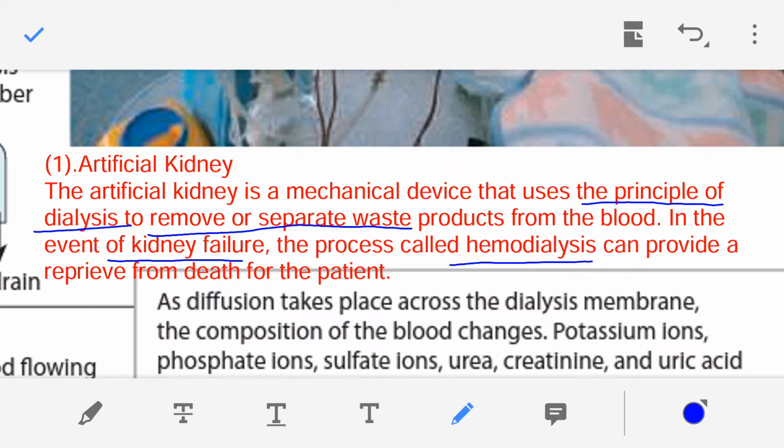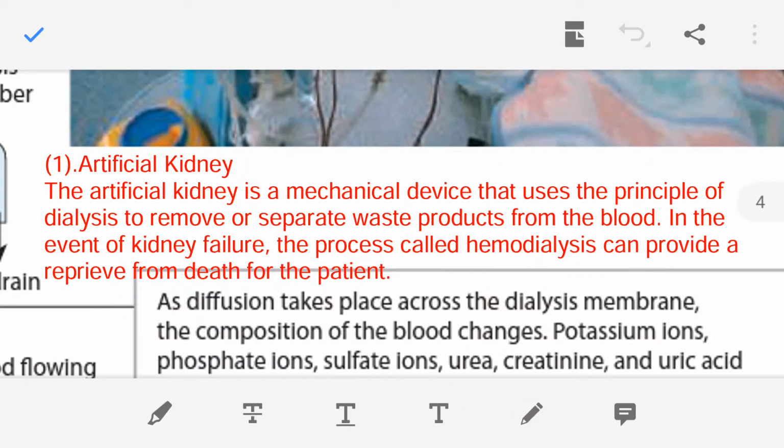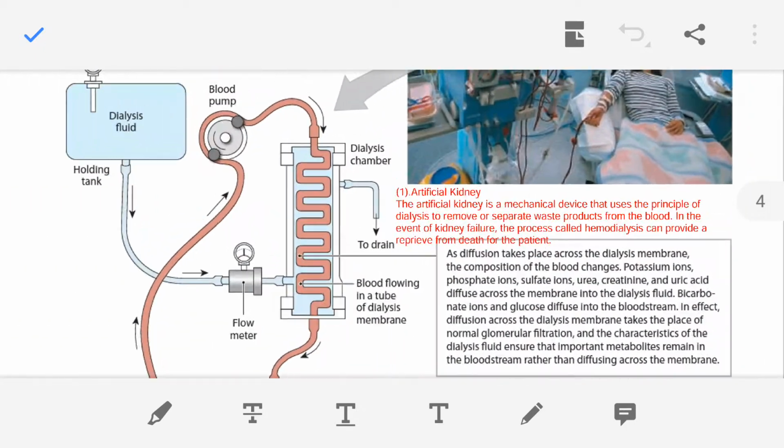This hemodialysis process removes waste material from the patient's blood, and by doing so, this technique saves the patient's life. Hemodialysis can provide a reprieve from death by removal of the waste materials.